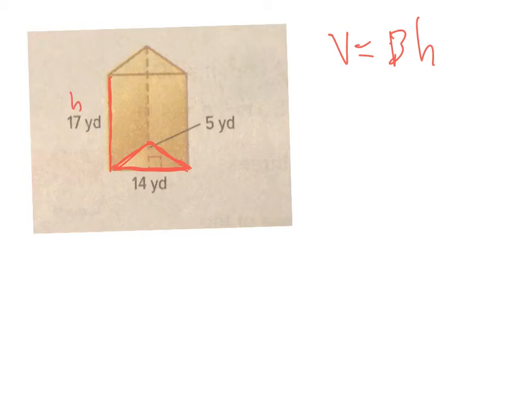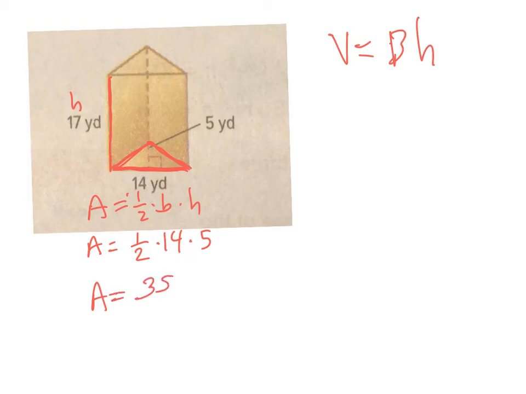So there's my height. Now, if I'm finding the area of a triangle, it is 1/2 times base times height. So this one's going to be area equals 1/2 times 14 times 5, and when I do that, I get 35. Area equals 35.